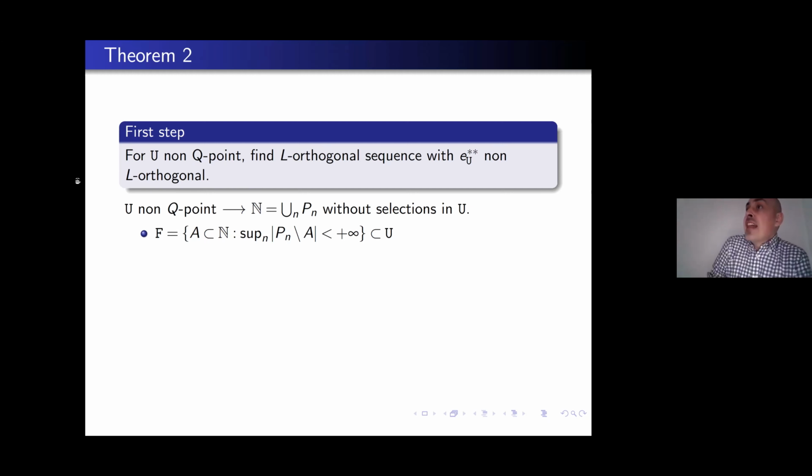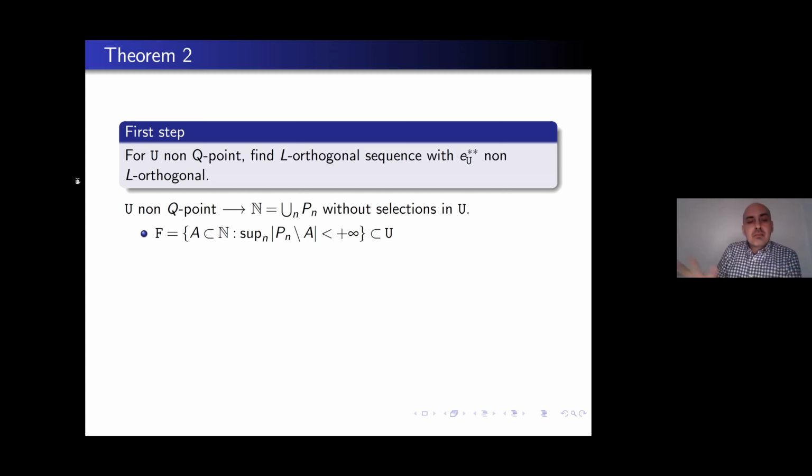But if that would be an element of U, then I could decompose this into finitely many pieces, such that each of them would be a selection of one element in each element of the partition. And then I could pick one element in each piece and be in the ultrafilter, and that's impossible because I'm not a Q-point.